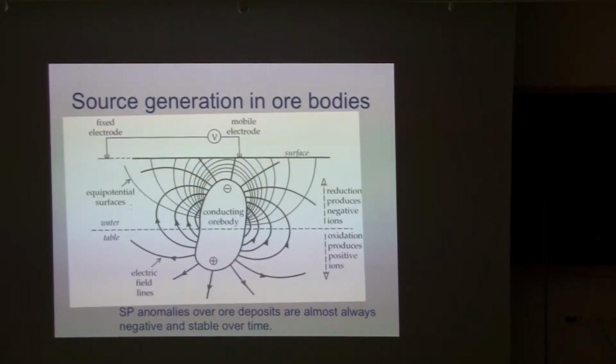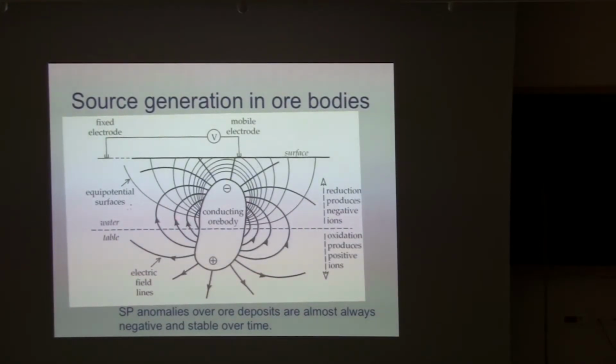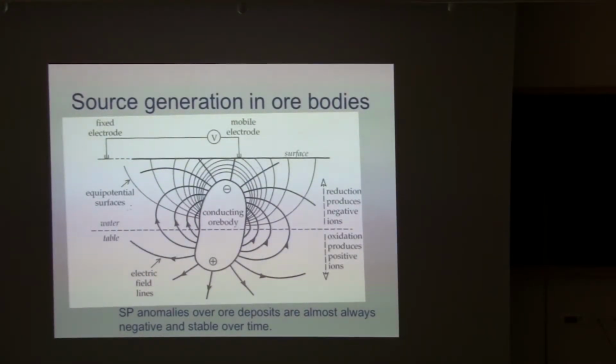If you have a metallic object, let's say a metallic drum in the subsurface with some toxic material, you will have reduction on the surface, oxidation at the bottom, and this will typically create a very strong negative self-potential signal that you can use to, for example, locate this metallic object.